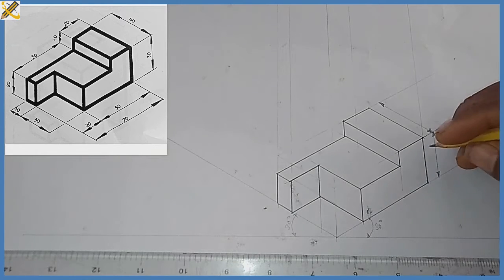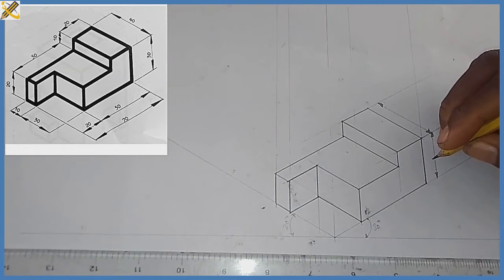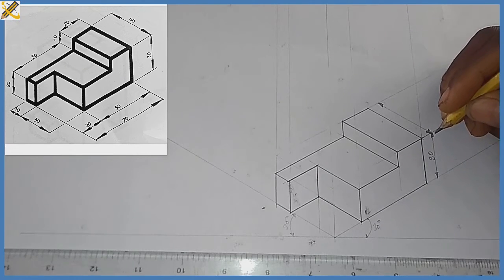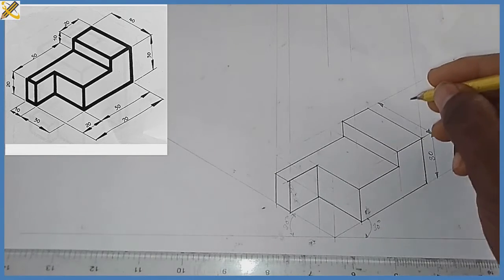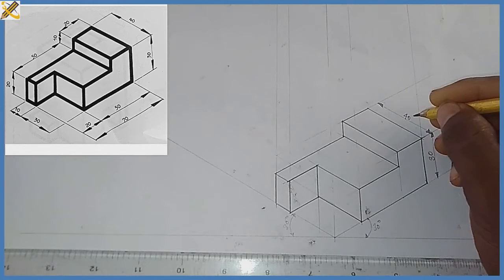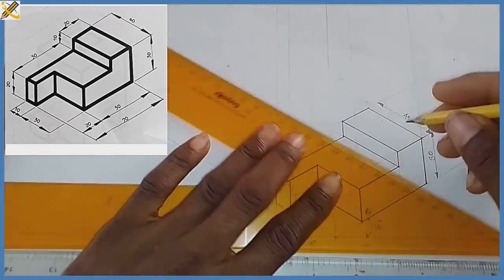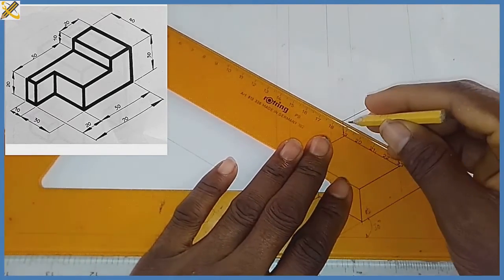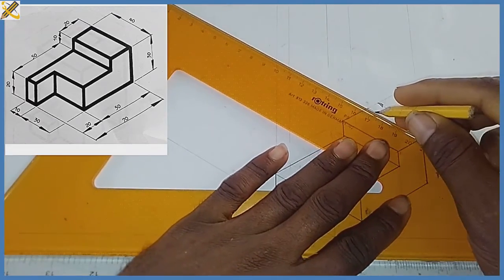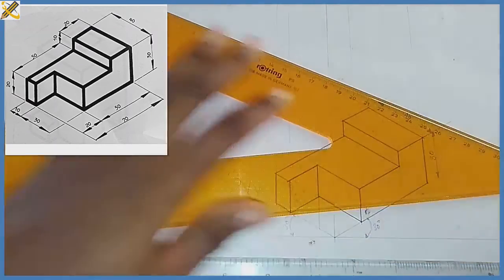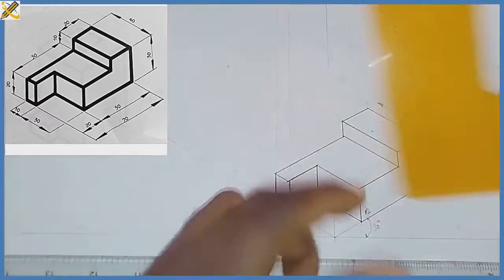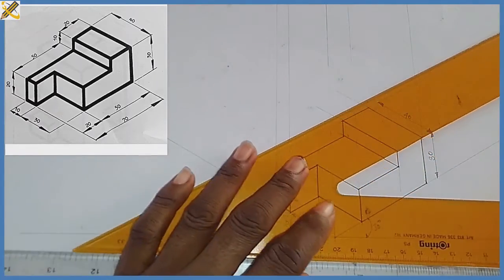Okay, so the height here is 30. The width here is 40. Okay, so the span right here to this junction here, you can see. So your dimension line must be parallel to your object.